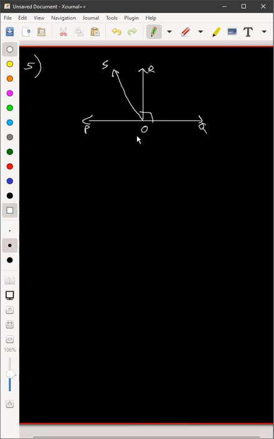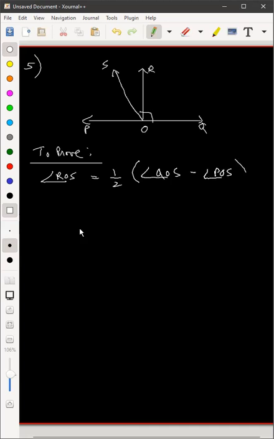Prove that angle ROS is equal to half of angle QOS minus angle POS. Okay. Maria, you asked for this question, right?